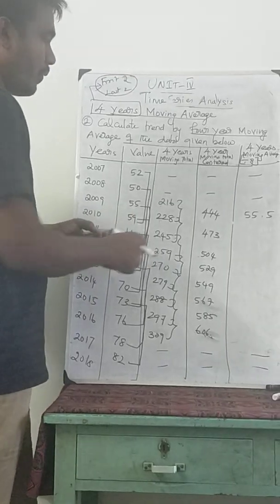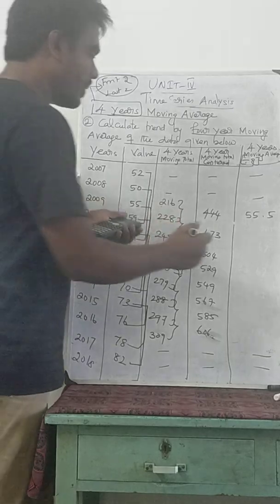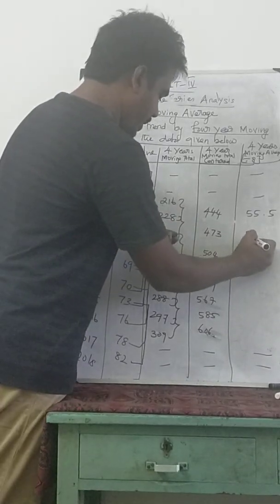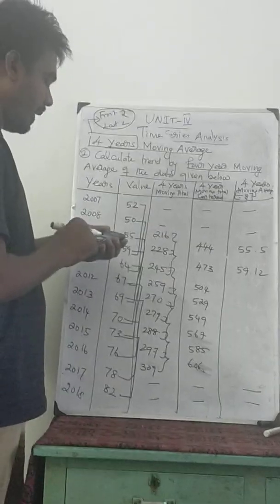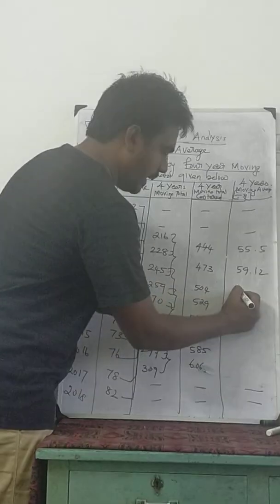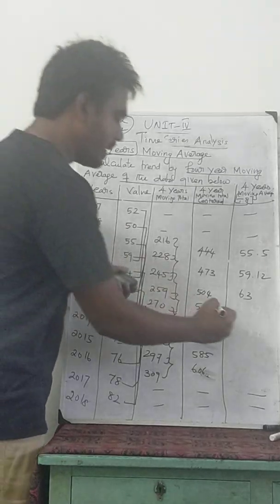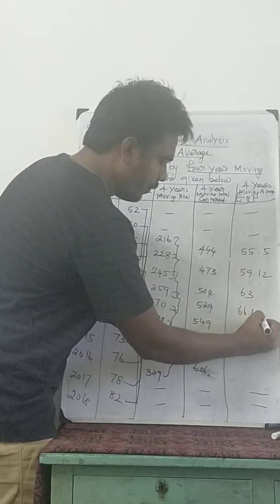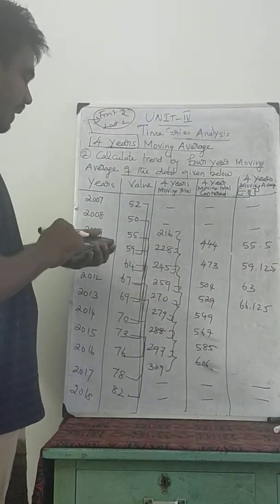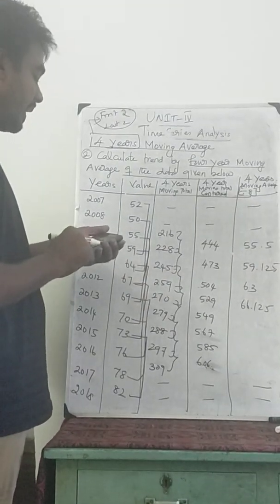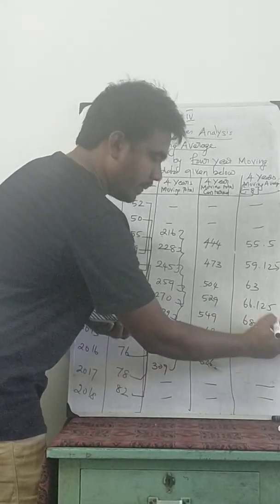Now 473 divided by 8, 59.12. Okay, 504 divided by 8, 63. 529 divided by 8, 66.125. Then 549 divided by 8, 68.625.